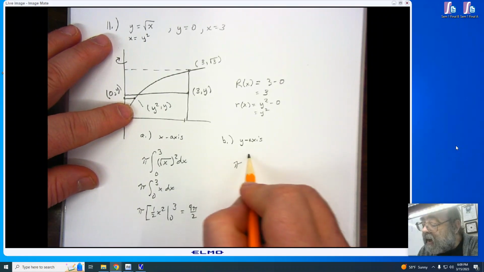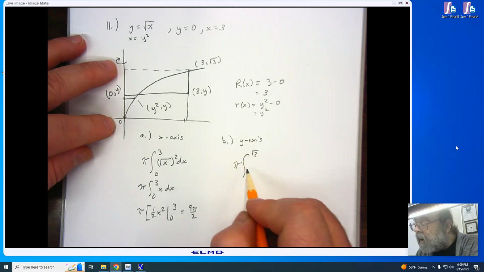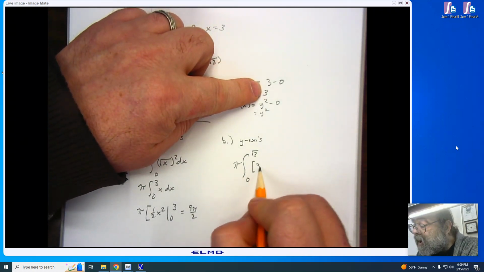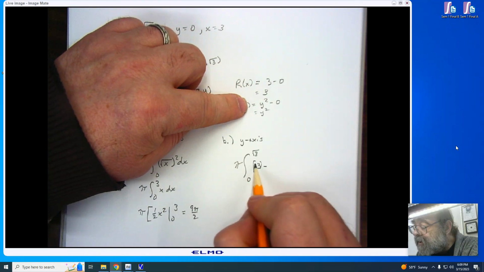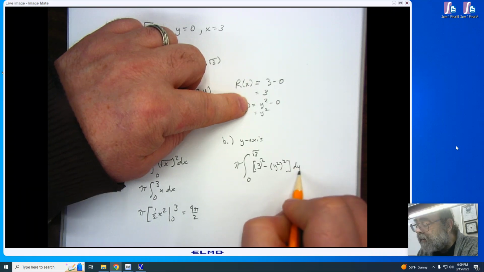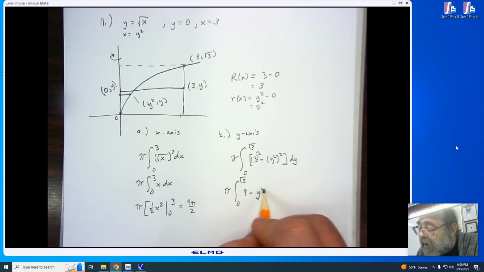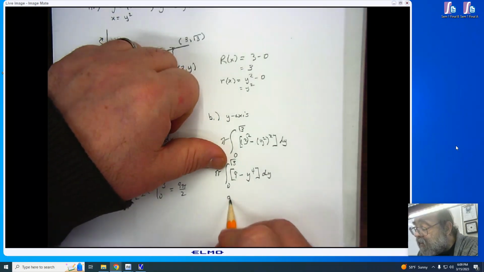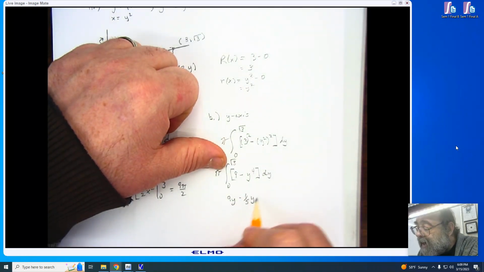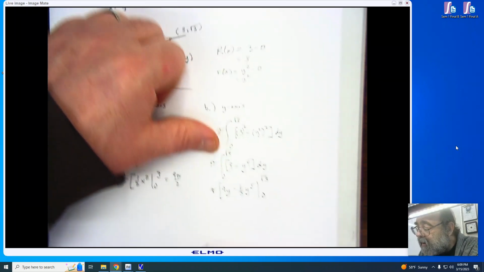And we're looking at pi integrated from 0 to root 3 of 3 squared minus y squared squared, dy. This gives me pi times the integral from 0 to root 3 of 9 minus y to the 4th, dy. Putting this together gives me 9y minus 1/5 y to the 5th from 0 to root 3, times pi.